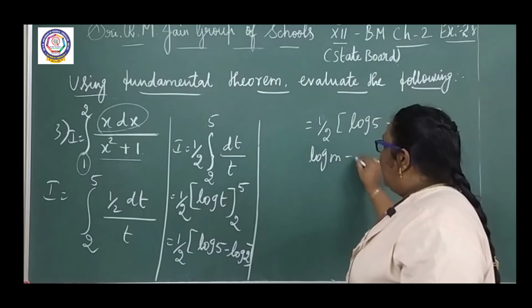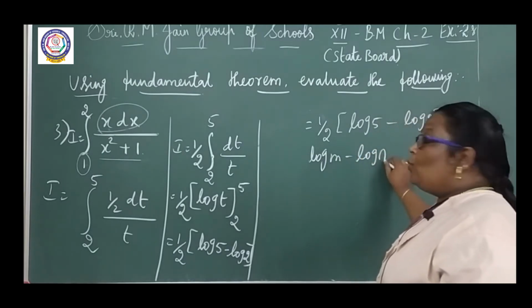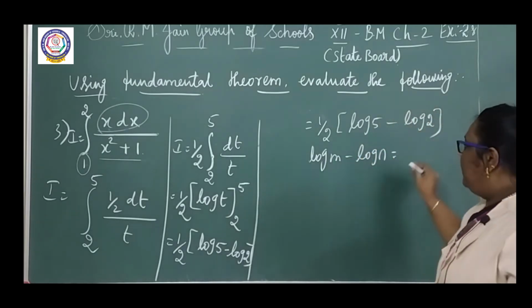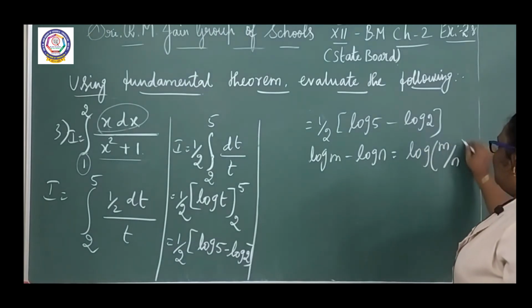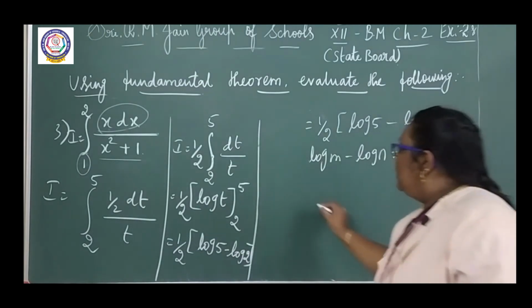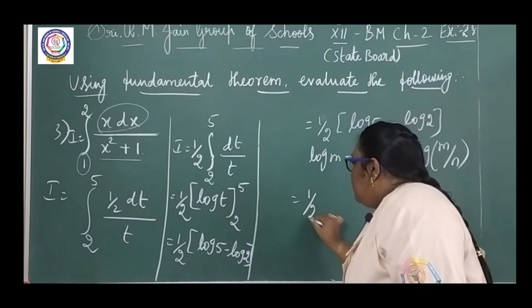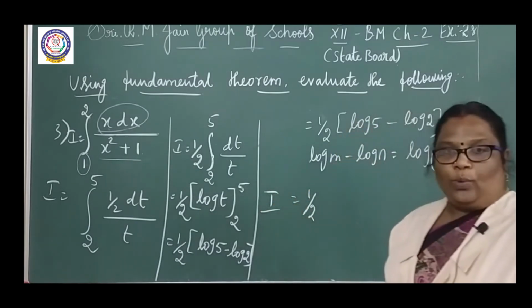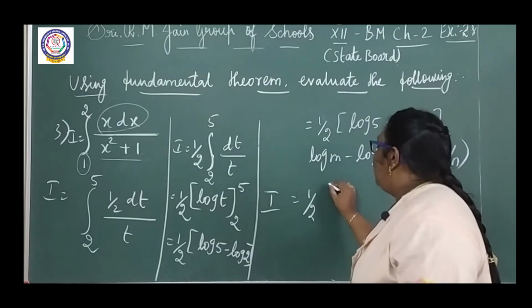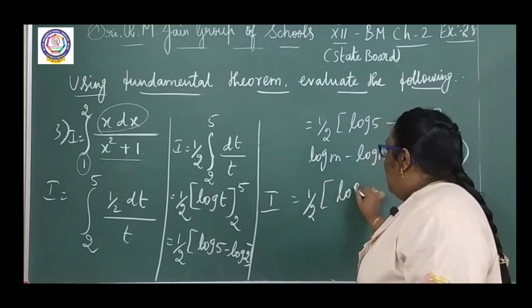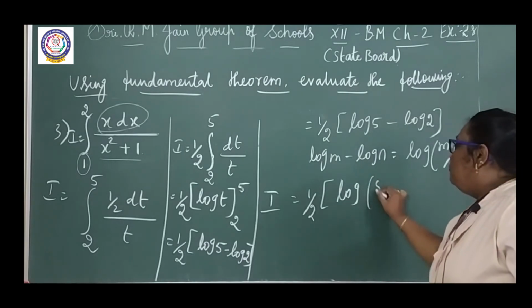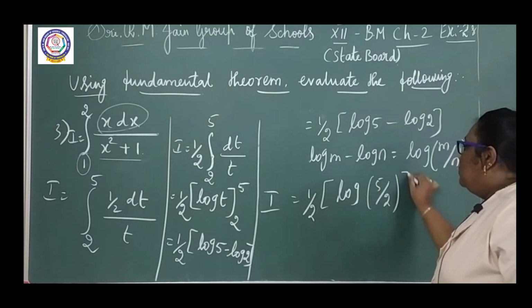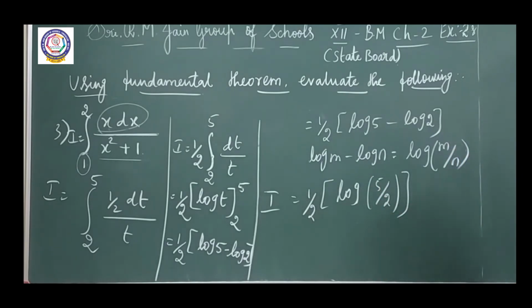Log m minus log n equal to log of m by n. So I equals 1 by 2 into log of 5 by 2.